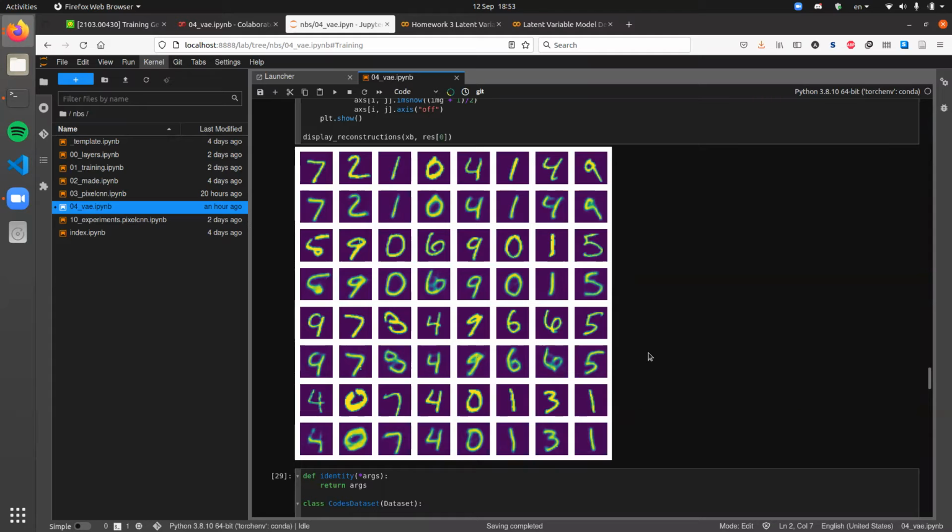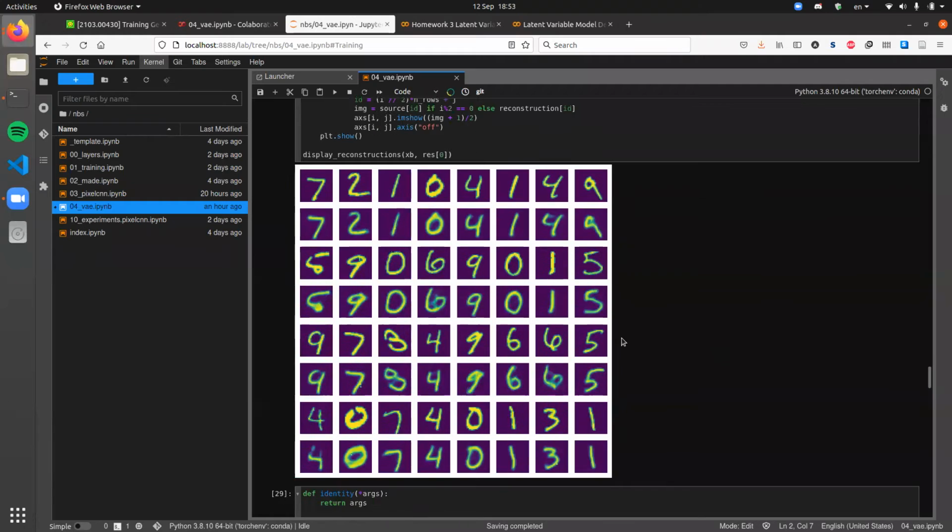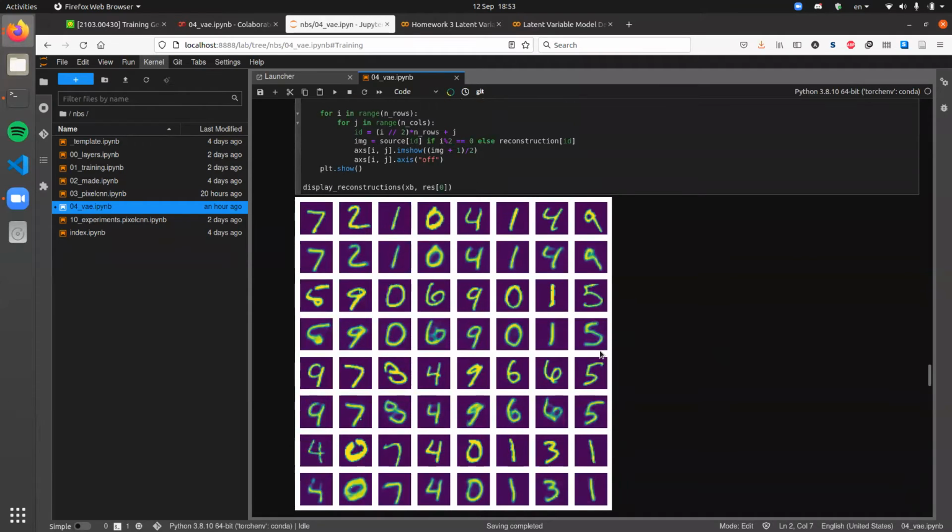So we hope that once we sample a latent variable that is in our latent variable distribution, we will get a concrete data point out of it.